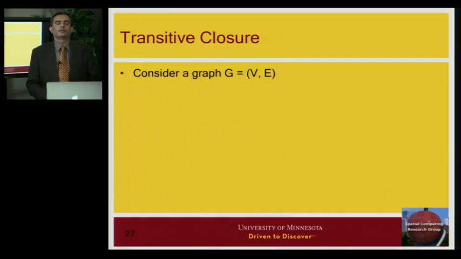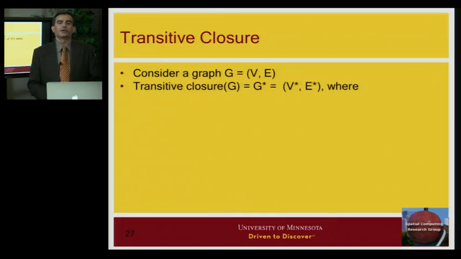First let's look at a basic notion called transitive closure, because this is one way to formally describe the limitations of traditional query languages, including the spatial querying we have learned so far. Consider a graph G which has a set of vertices V and a set of edges E. Then the transitive closure of this graph is described as another graph G star, and it has a set of vertices V star and another set of edges E star.